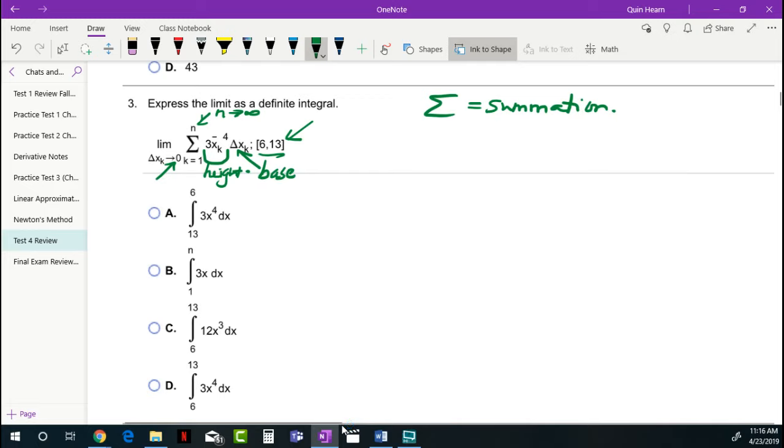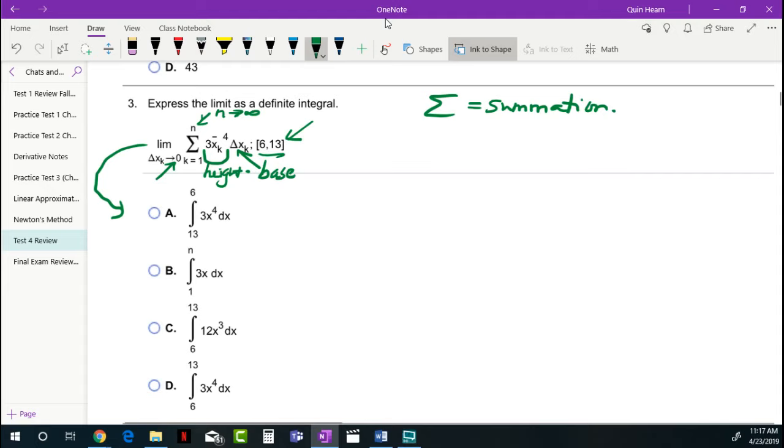Now, as the base gets closer and closer to 0, that's the same as n going to infinity, because the base getting smaller and smaller means we need more and more rectangles to fill the space between 6 and 13.